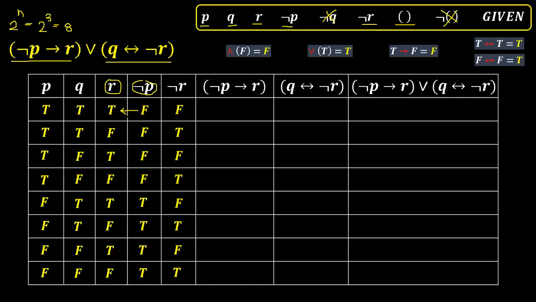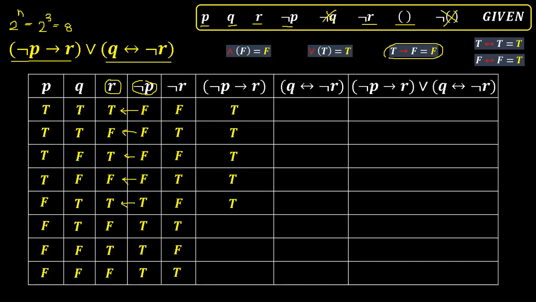Okay? So since it was said here that the conditional is false only if it is TF. But here that is FT. If F then T. So true. Then F, if F then F is also true. Same this one, that is true. This one also is true. This one is true.